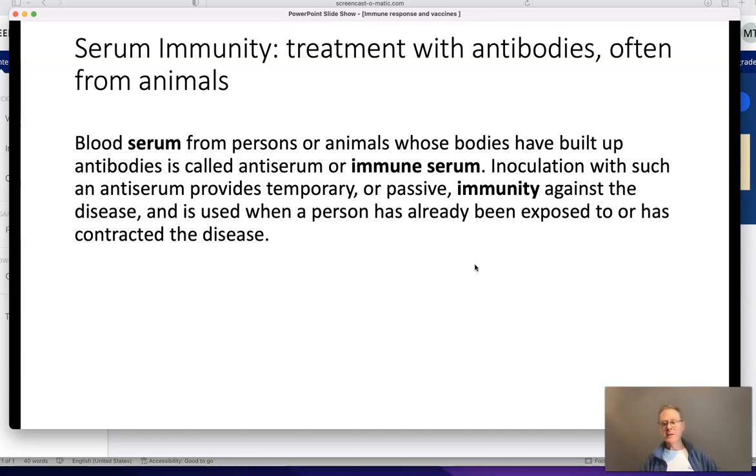So hospitals and clinics had to keep stables and stables of horses, so they could keep taking their blood out over and over, so they could use the anti-serum. Obviously expensive, and it's impossible to produce enough to treat, well, in a pandemic, all of the people who are affected. But it was somewhat effective in its way. But it's a treatment, once again, not a preventative.